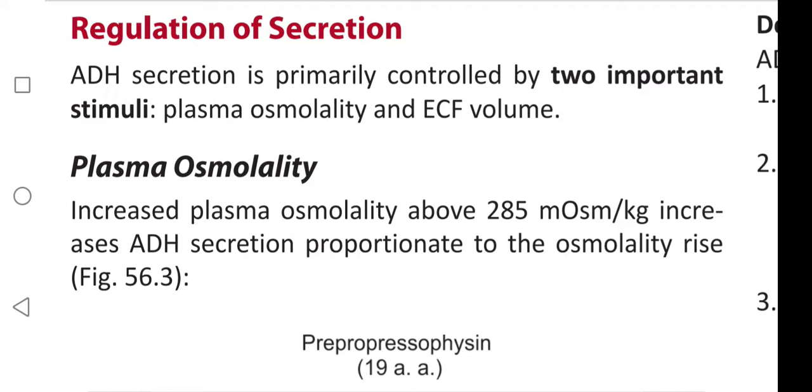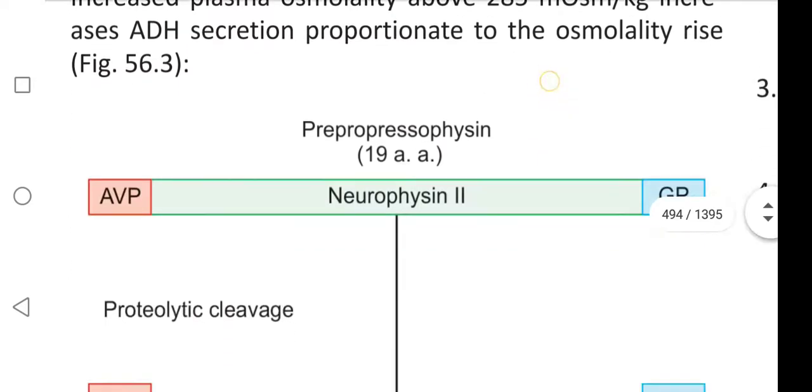Increased plasma osmolality above 285 milliosmolality per kg increases antidiuretic hormone secretion proportionate to the osmolality rise. Okay, coming to the figure.